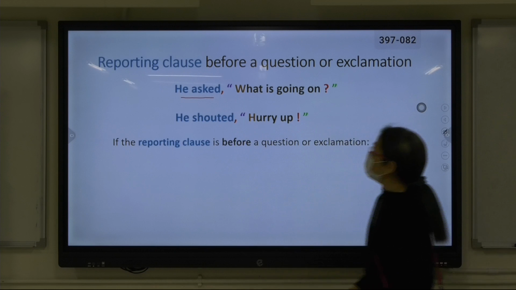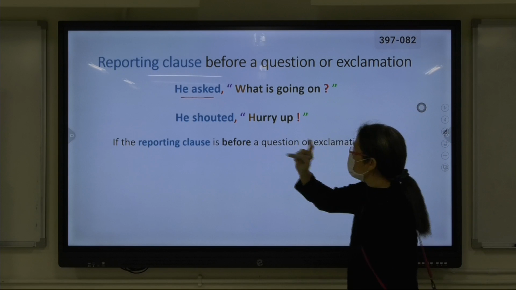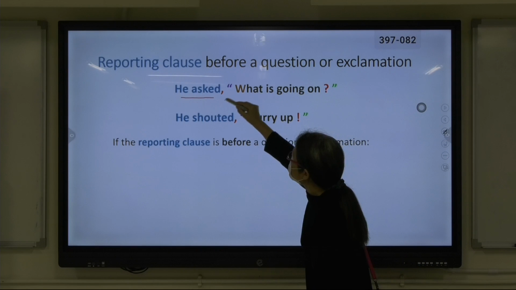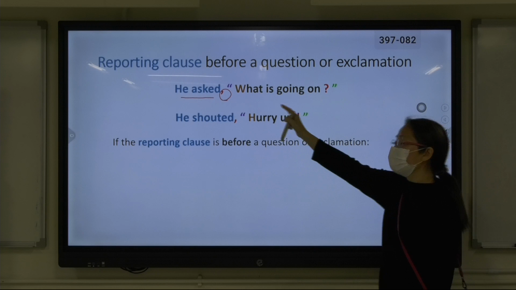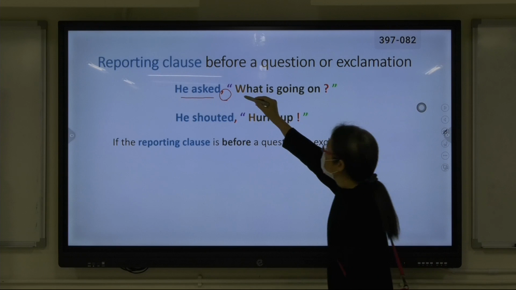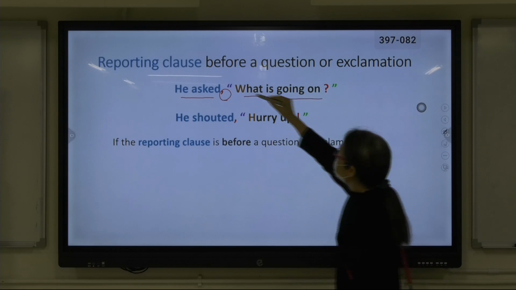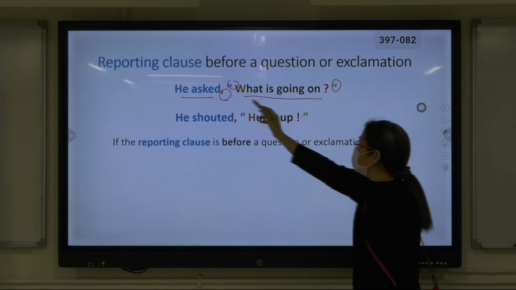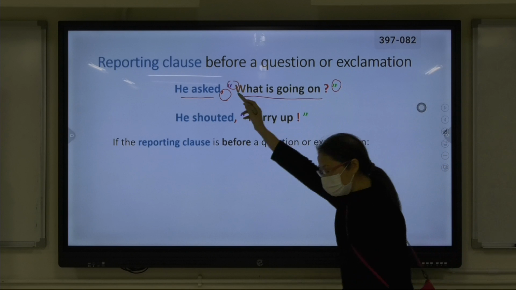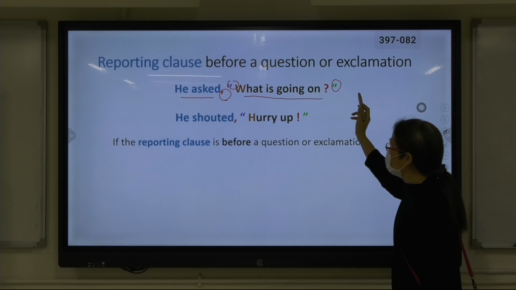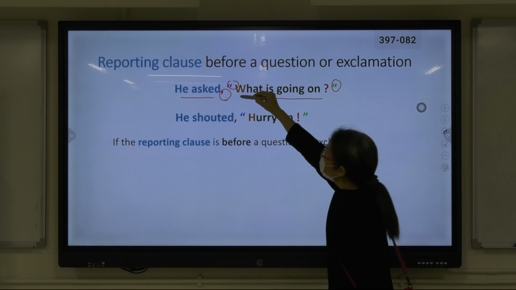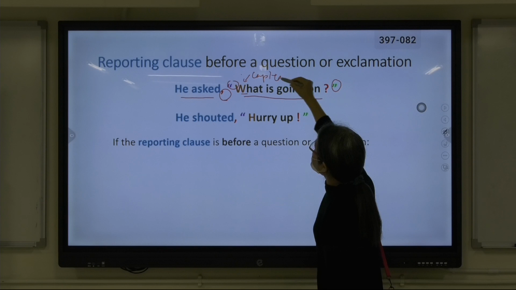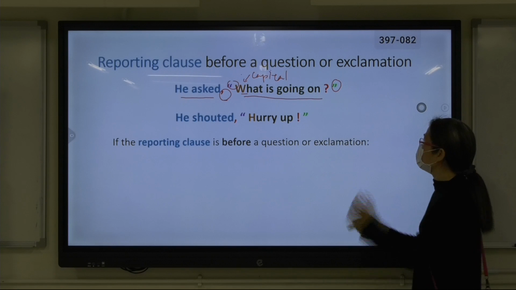First the reporting clause, and then we use a comma after the reporting clause, and then the direct speech, which we write inside the open quotation mark and the close quotation mark. The first word should be a capital letter, similar to the one before.